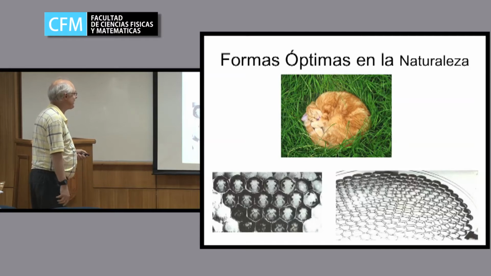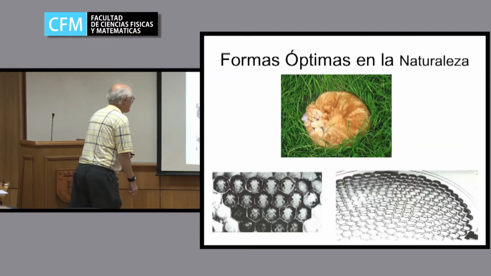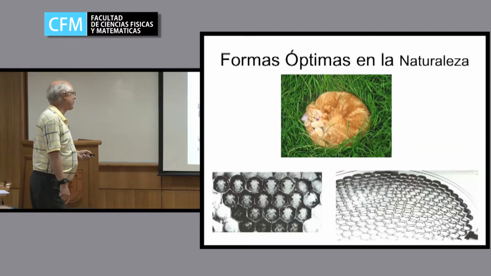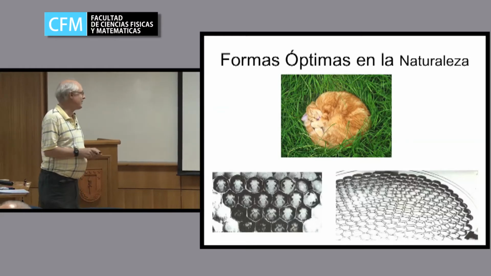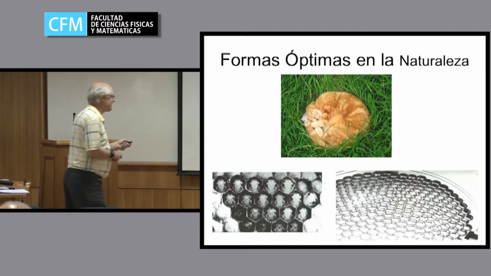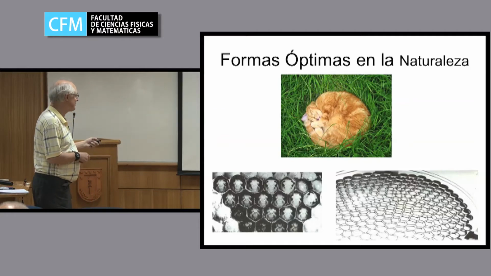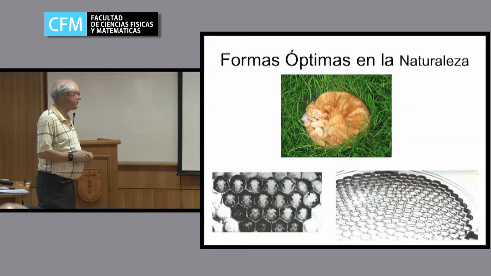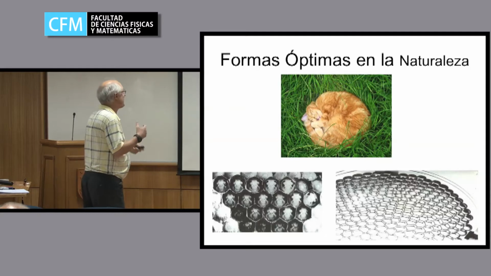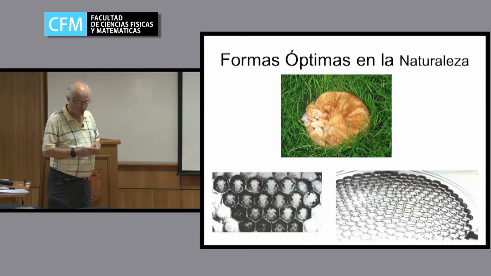Okay, so here are some other examples where nature is optimizing something. For example, this cat. Now this cat doesn't look that cold, but you might have observed that a cat on a cold winter's night would often curl up into a ball, or in some sense make itself as spherical as possible.